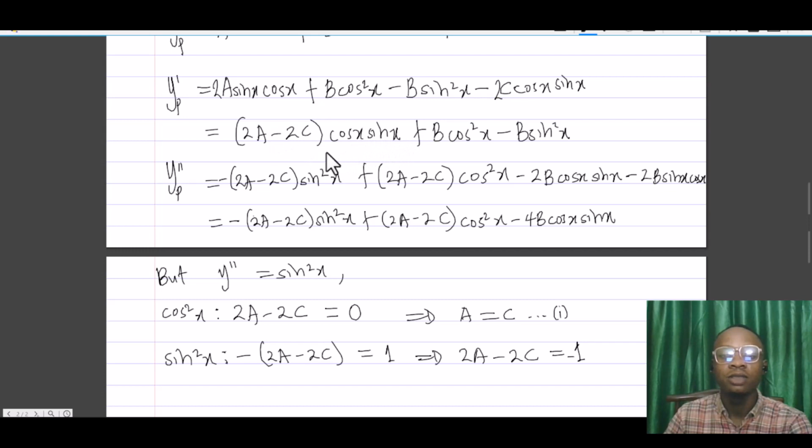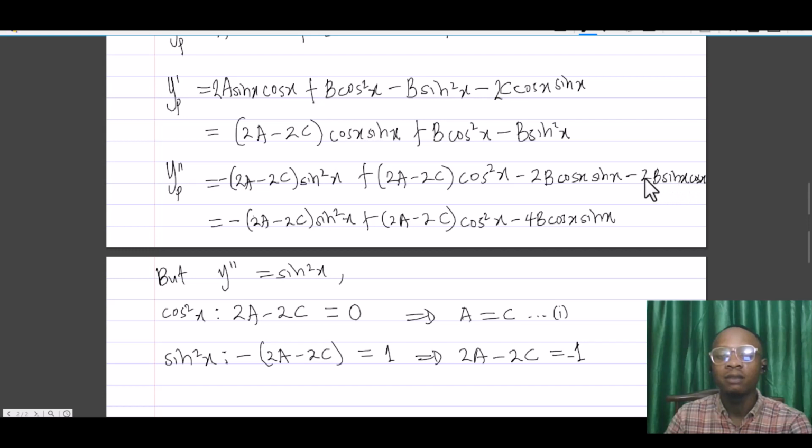So I'll differentiate this. We get sine x, so that's sine squared x. We differentiate this, we get cos x, that is cos squared x. When we differentiate this, the derivative of cos squared is 2 cos x, multiplied by the derivative of cos x, that's minus sine x, so that's minus 2b cos x sine x. Then the derivative of that will be 2 sine x cos x.